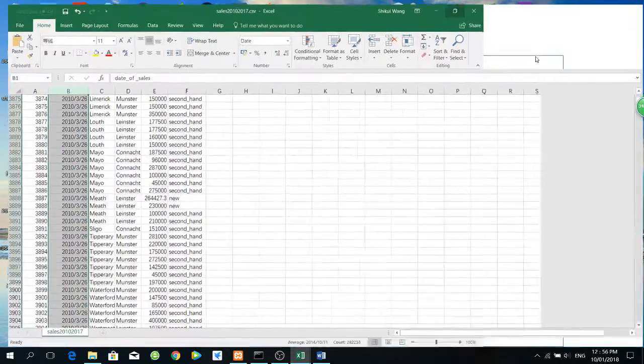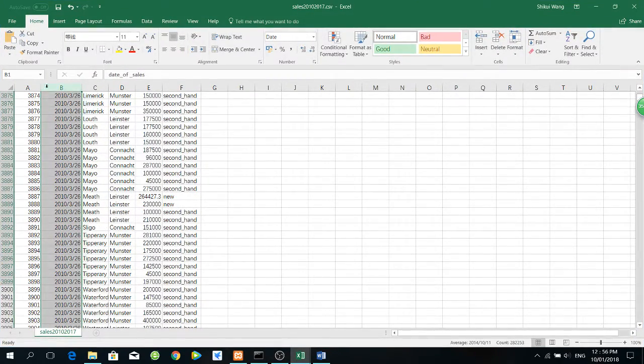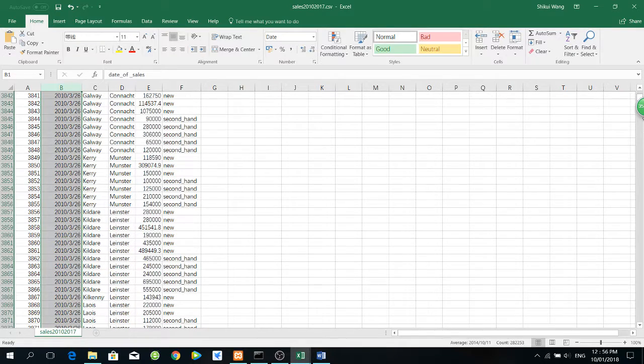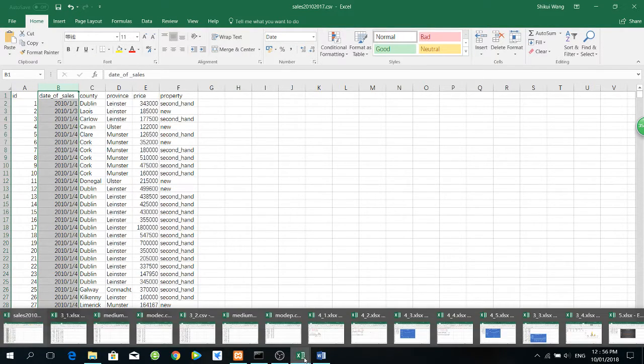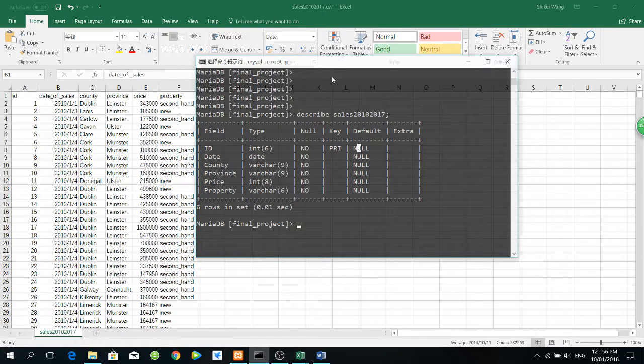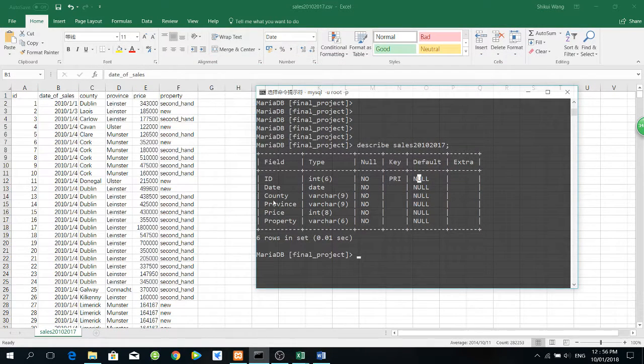this is the format of the data files downloaded from the website. So ID and date as well, and county, province, the price, and the property.